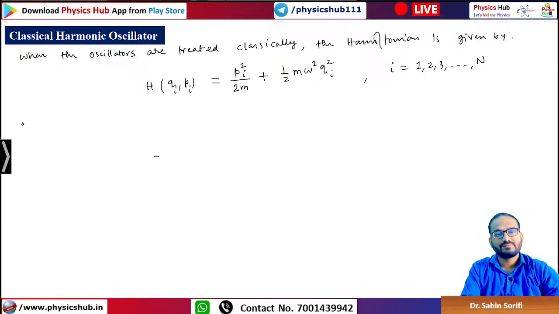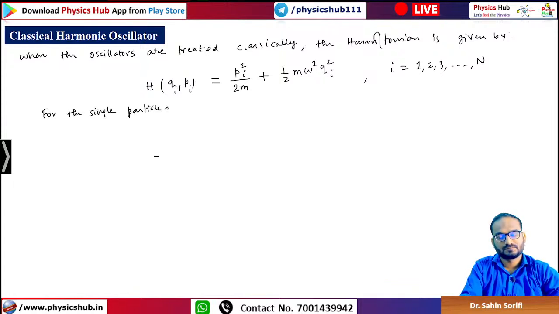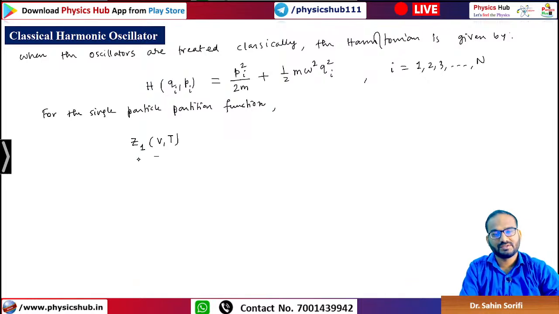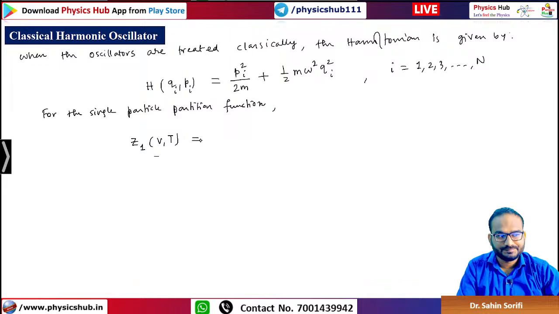So let's calculate for the single particle partition function. Let's say we are denoting it by Z1(V,T). We are not denoting it with Zn(V,T), we are denoting it by Z1(V,T). Try to understand it very carefully.